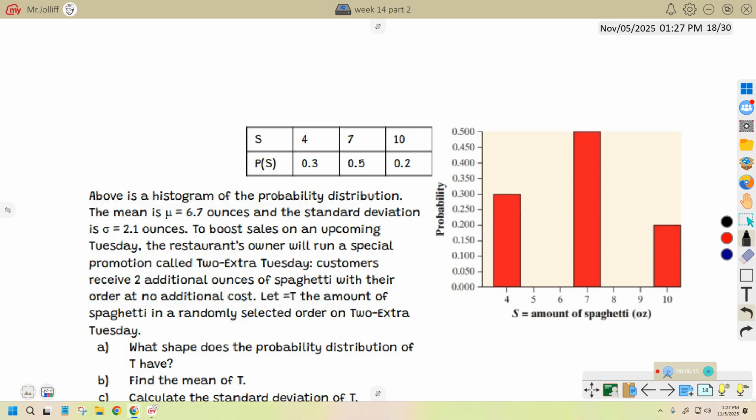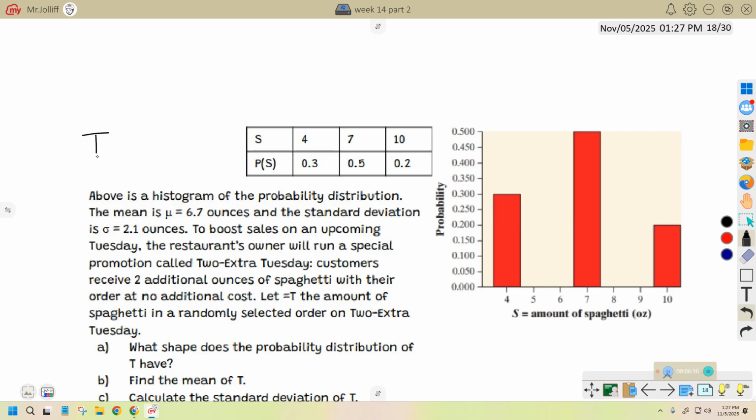All right, Sophia, what'd your group come up with? Adding. Good. What are we adding? Okay, and what are we doing to those numbers in the table? Two additional ounces of spaghetti. Very good.